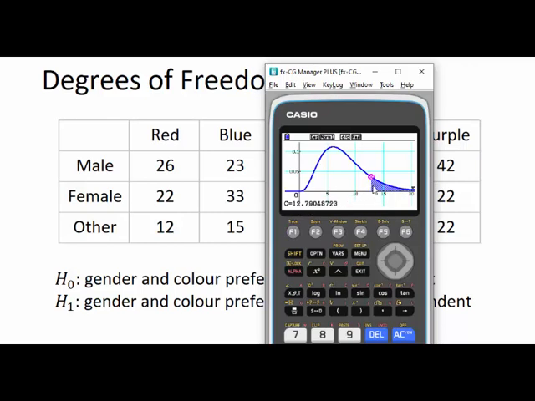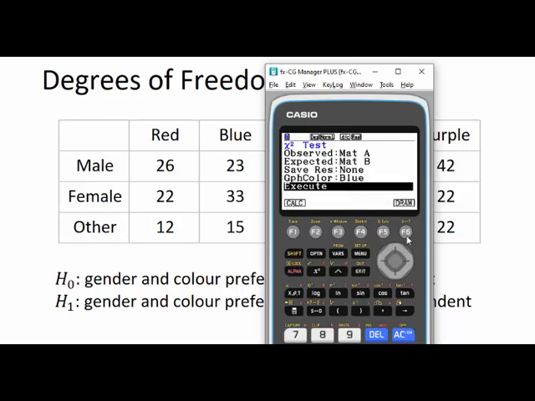And we know that that was 11 point something percent. So there's quite a lot of samples with this shape, with these totals. There's quite a lot of samples that would have had the same chi-squared value or worse. And so this is not enough evidence to reject the null hypothesis.